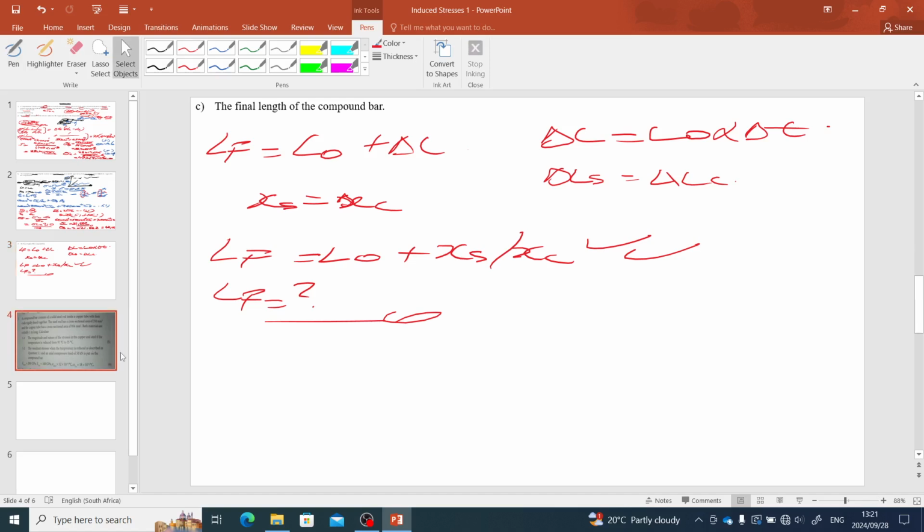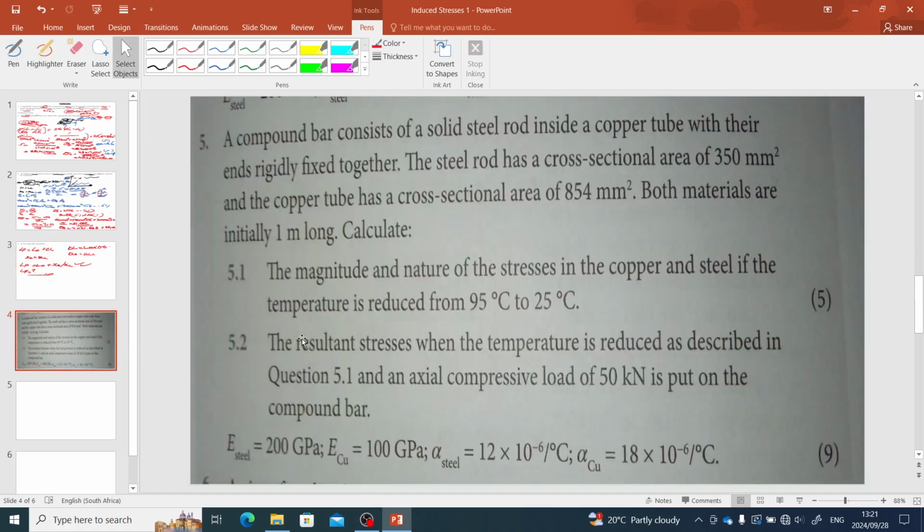Okay, let's move on to the second question. Second question, a compound bar consists of a solid steel rod inside a copper tube. It is similar to the one that we did. You are having this copper tube and the solid, and the pipe.